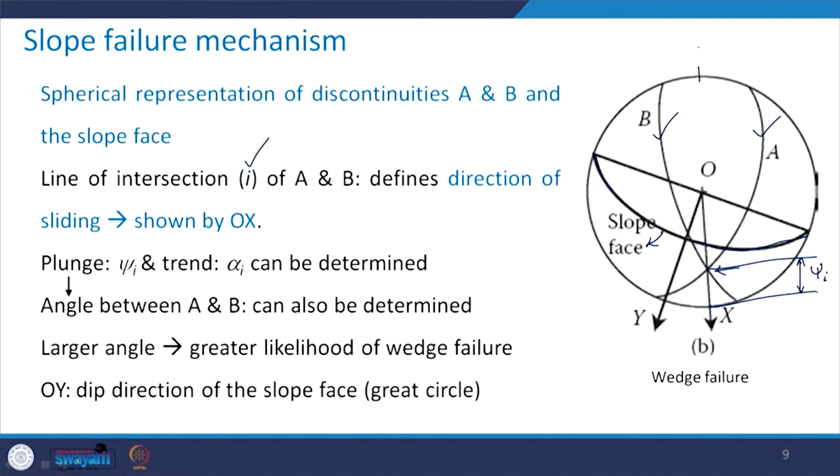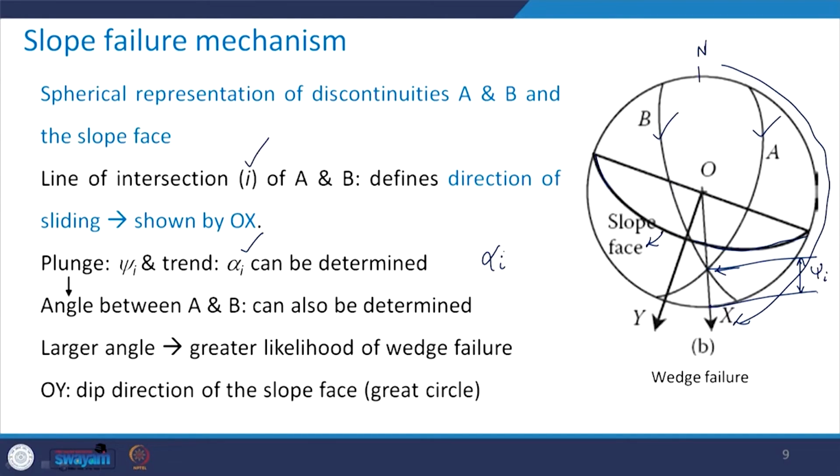Now, if this is the north direction, then from the north move in the clockwise direction, and this angular distance is going to give you the trend, which is alpha I. Remember, we discussed that plunge and trend of a line are similar to dip and dip direction of a plane respectively.